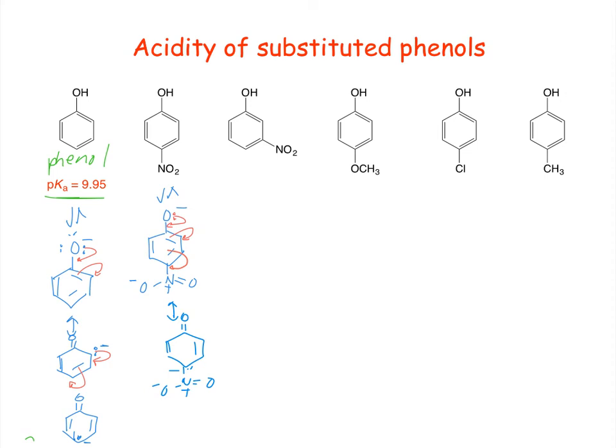From there, we can continue on around the ring, but is there any other resonance that we can do? We can do resonance. We can share that electron pair onto the nitro group.